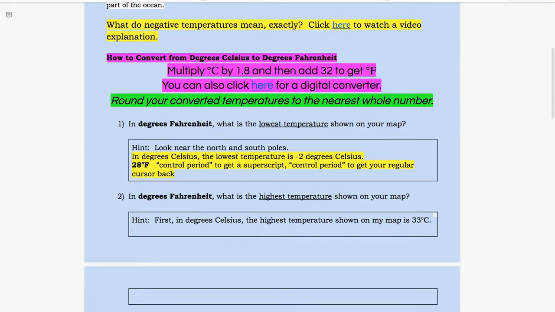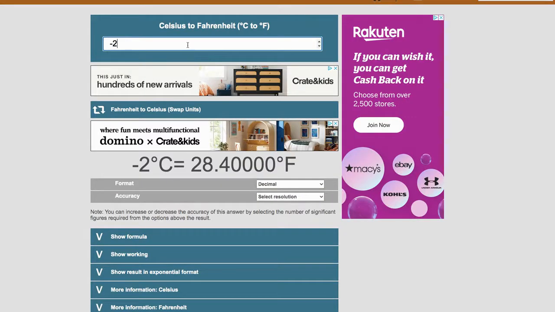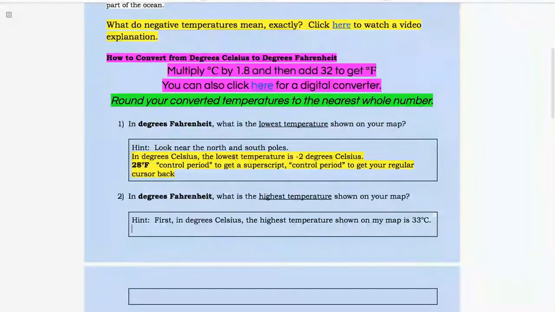I need to convert that to degrees Fahrenheit. 33 degrees Celsius can be rounded to 91 degrees Fahrenheit. 91, Control period to get my little o, and then Control period to get my cursor back. So this is 91 degrees Fahrenheit.